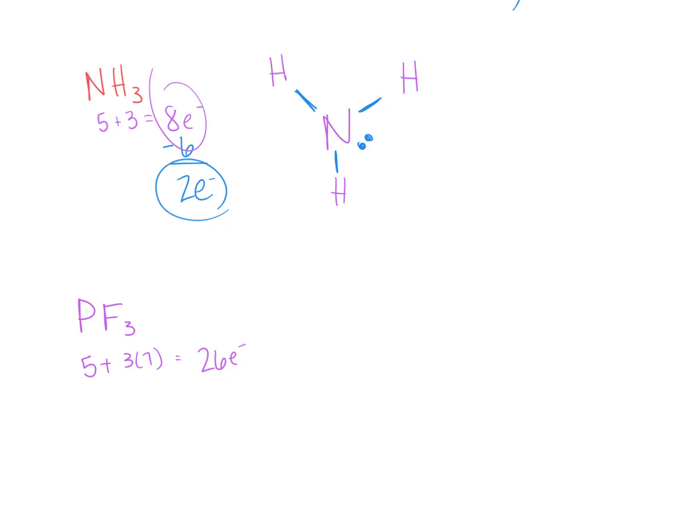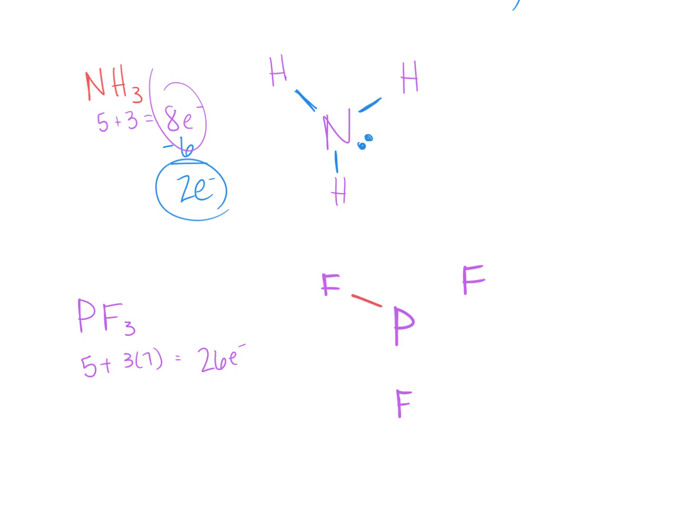All right, let's build the skeleton. What's going to go in the middle? Not potassium, but the P. Phosphorus, yes. So phosphorus goes in the middle. Fluorine, fluorine, fluorine. It looks a lot like our last skeleton, doesn't it? Now our goal is to put our electrons in.